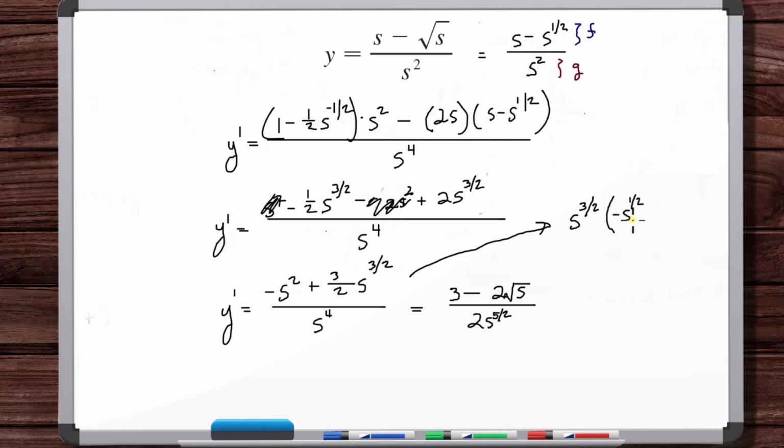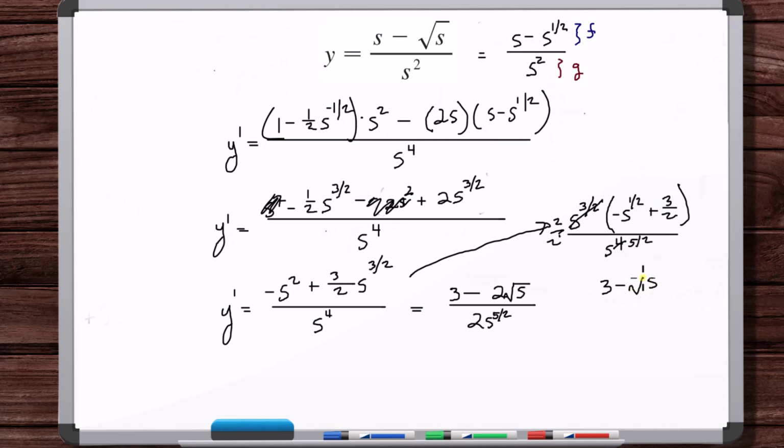Because 3/2 plus 1/2 is 2, plus 3/2 over s to the fourth, and then 3/2 minus 4, which is 3/2 minus 8/2 is minus 5/2. So this goes away and this becomes 5/2. And then if we multiply this by 2 over 2, we get 3 minus s to the 1/2.